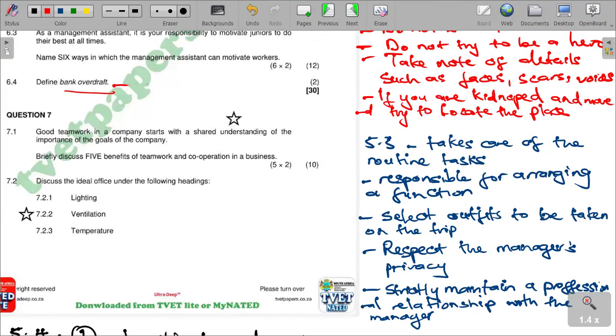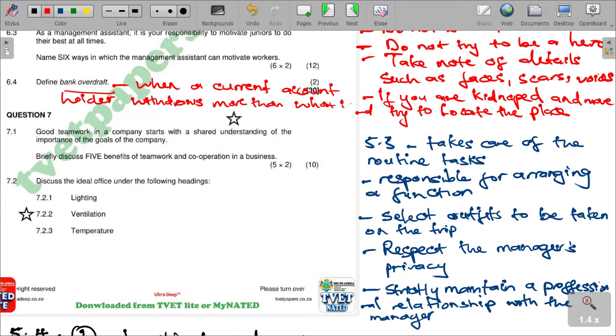So when a current account holder withdraws more than what is in his account, call it an overdraft.